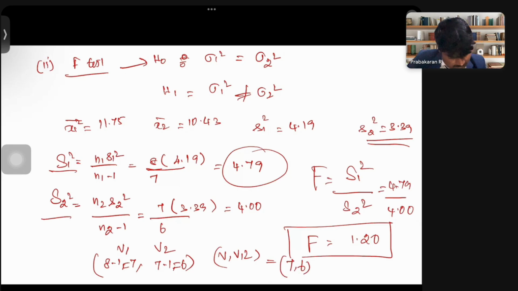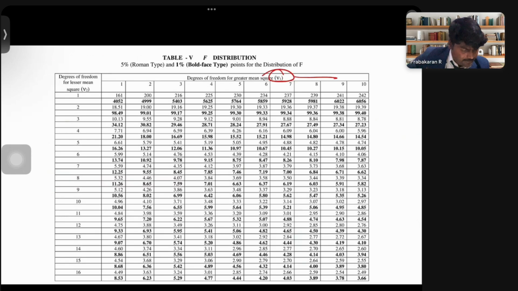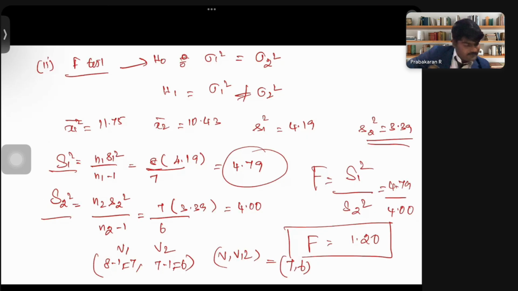So you have to be careful in that. In the table, they have printed V1 as the horizontal values and the vertical values represent V2. 7 comma 6, here 6, right? 7, 4.21. So the test value is 1.2.